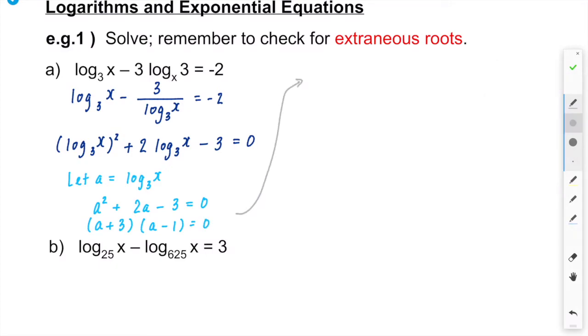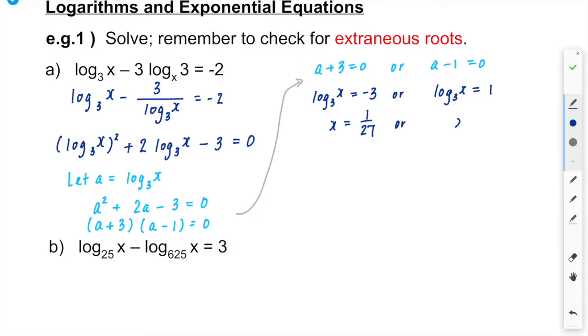So now I can say that, well, a plus 3 equals 0, or a minus 1 is equal to 0. If I back substitute log x base 3 as a, I get this expression, or log x base 3 is equal to 1. Solving for x, 3 to the power of negative 3 is 1 over 27, or 3 to the power of 1 is 3.